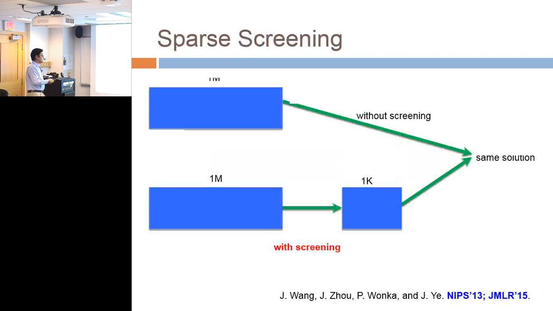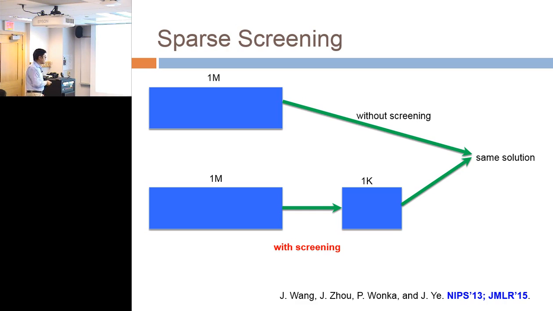So this is a high-level illustration of our idea. The first one is the traditional method. We just apply the solver to the full dataset without screening, and we get a solution. And as an alternative, we first apply some simple rules to pre-identify the features that are guaranteed to be irrelevant to the outcome.